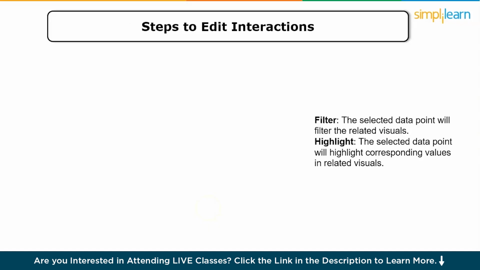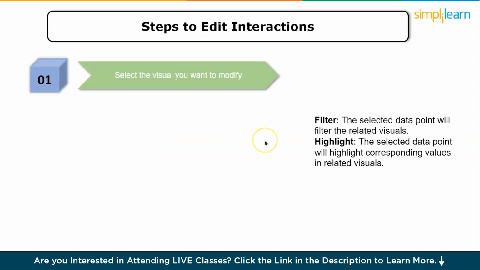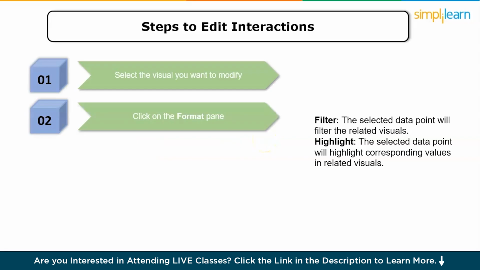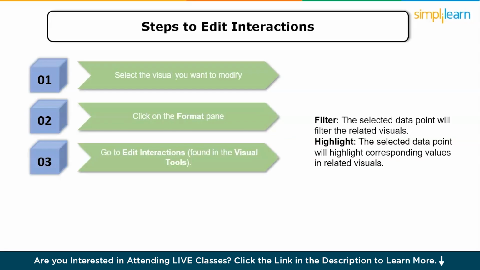Now, let's look at the steps to edit the interaction. First, we have to select the chart which we intend to use as filter or highlight. Then, we click on Format tab. In the Format tab here, on the left upper corner, you will find Edit Interactions under the Visual Tools.